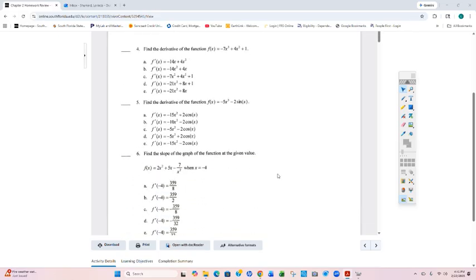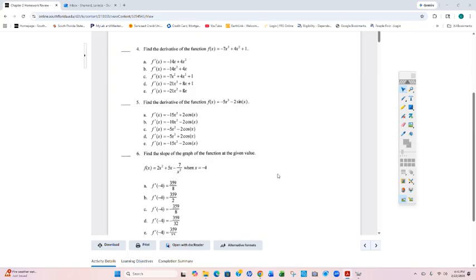Question number 4. Find the derivative of the function f of x equals negative 7x cubed plus 4x squared plus 1. Answer A, f prime of x equals negative 14x plus 4x squared. Answer B, f prime of x equals negative 14x squared plus 4x. Answer C, f prime of x equals negative 7x squared plus 4x squared plus 1.